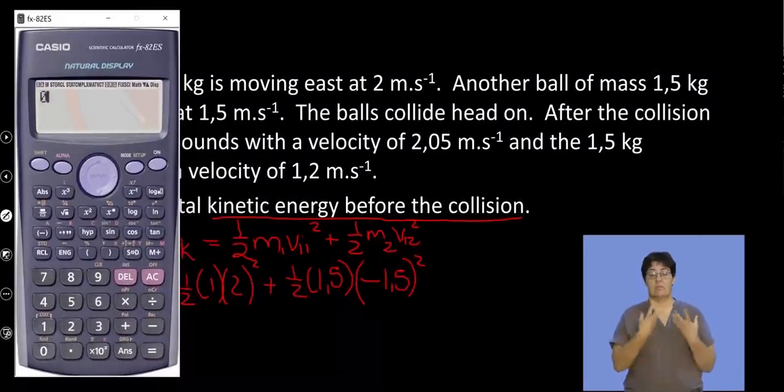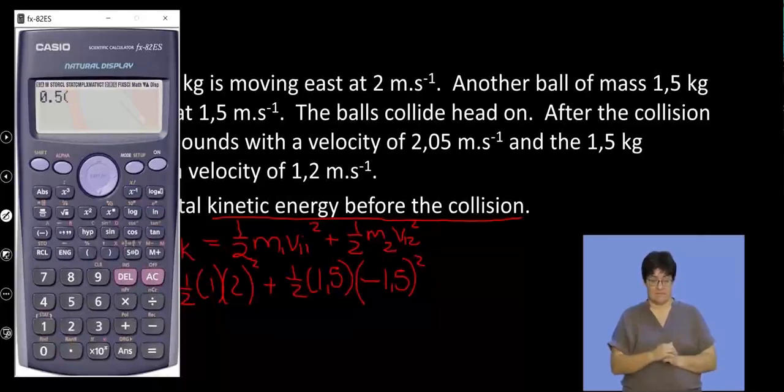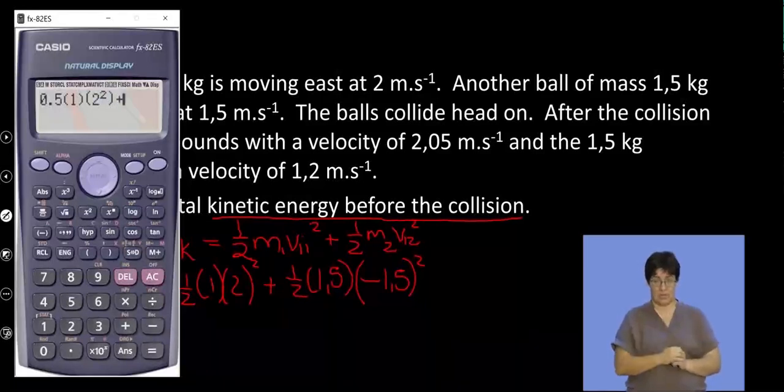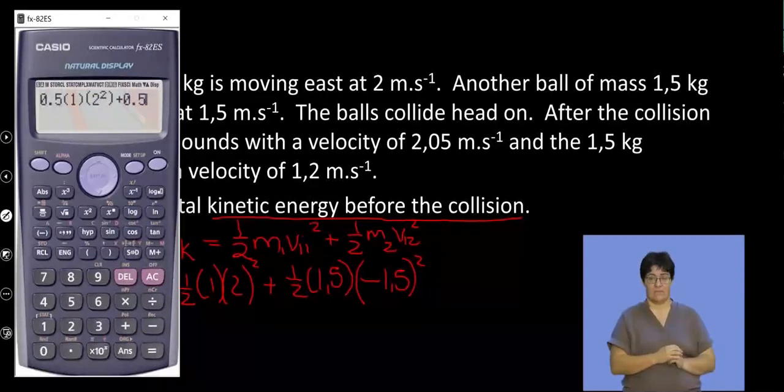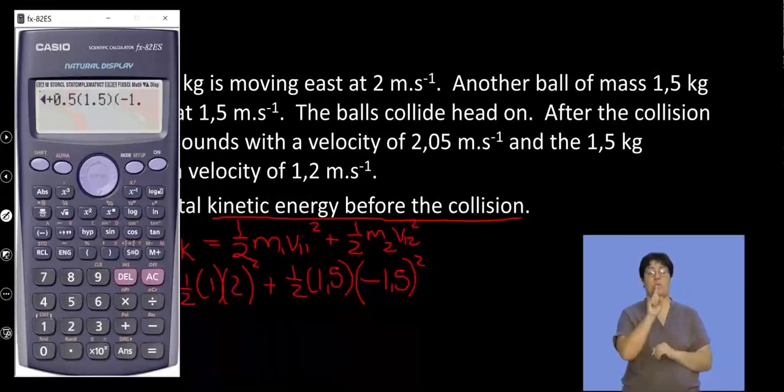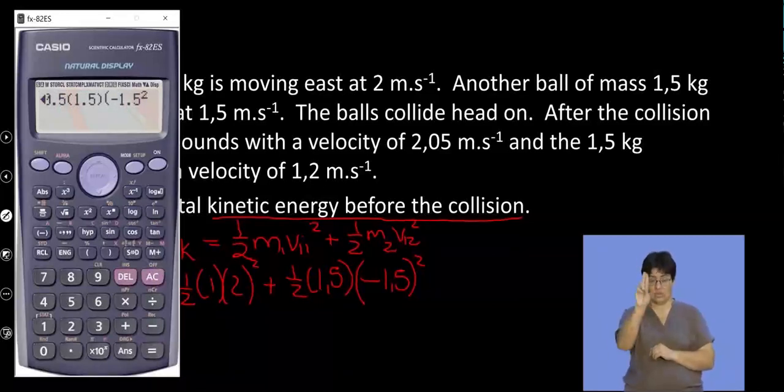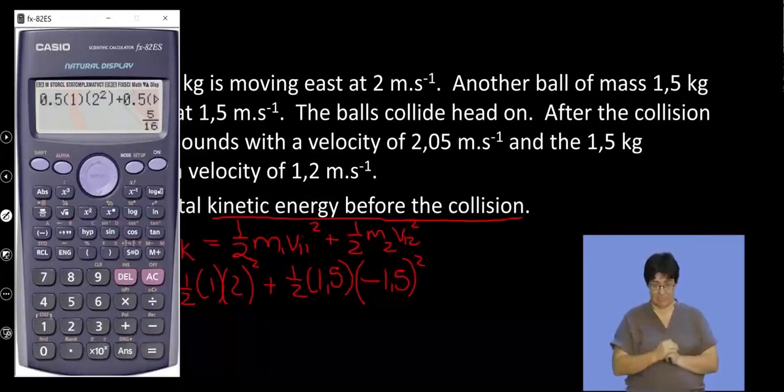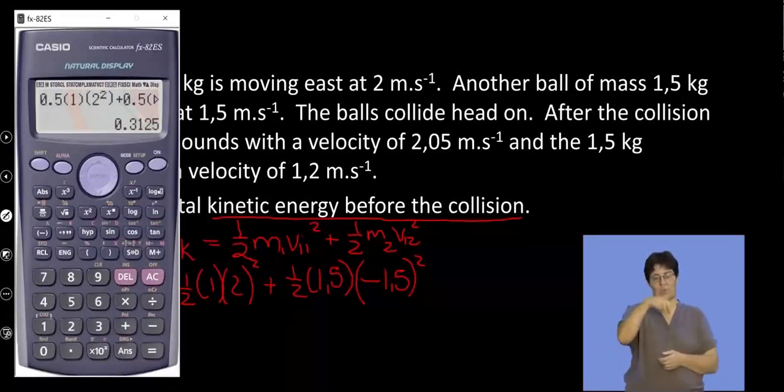So I have 0.5 times 1 times 2 squared plus 0.5, whoopsie, let's make sure you've got the 0.5, times 1.5 times, let's do the bracket, minus 1.5 squared, close the bracket, equals. I get a positive answer, and it's 0.3125.